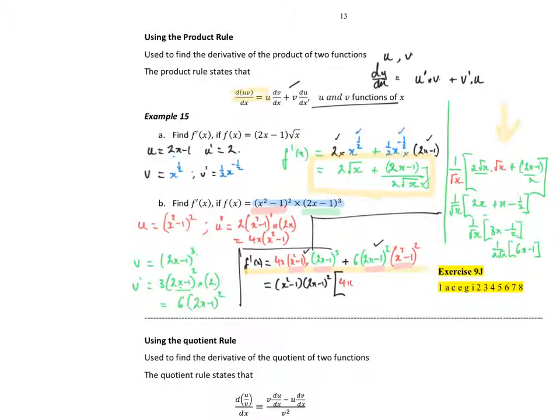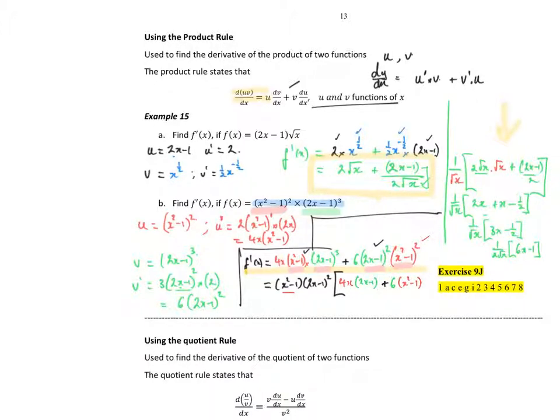And I've got a 2x minus 1 squared, which means I've still got a 2x minus 1 left. Plus, well, I've got that green 6, it's still there. 2x minus 1 squared, 2x minus 1 squared, so that's okay. I've got an x squared minus 1 here, but I've got an x squared minus 1 squared there, so I've got an x squared minus 1 left over.